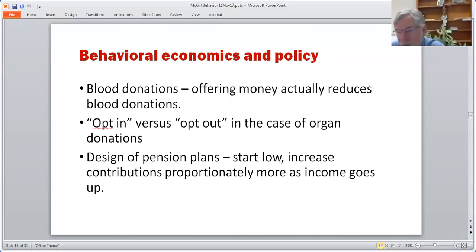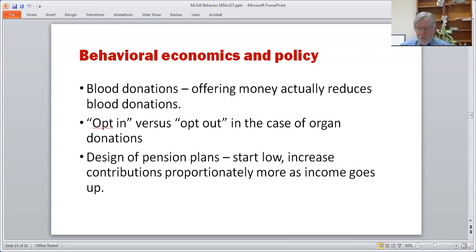And there are a lot of reasons for that. It's a hard decision. You really don't want to think about it, so you stick with the status quo. But again, in standard economics, it's not supposed to make any difference. It's the same decision. How you phrase the question shouldn't really matter.